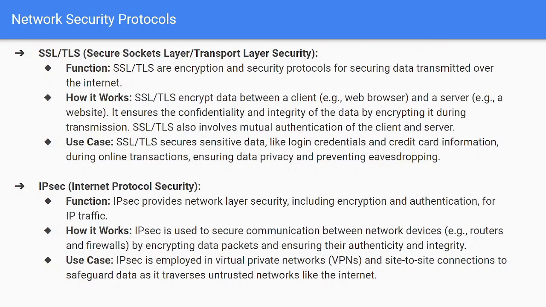So IPsec is employed in VPNs, that's virtual private networks, and site-to-site connections to safeguard data as it transfers over an untrusted network like the internet. So basically IPsec protects, through encryption and authentication, traffic as it moves across different IP addresses on the internet.